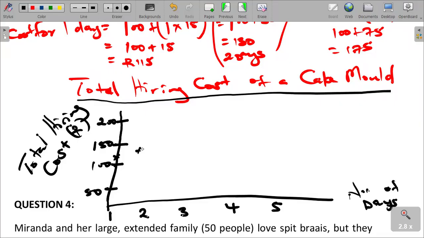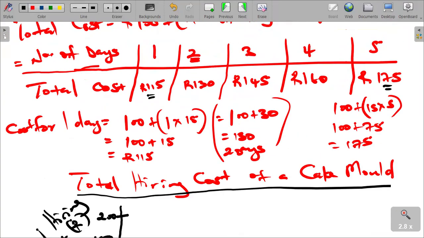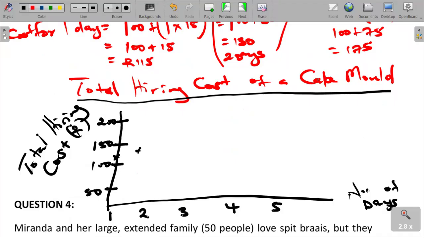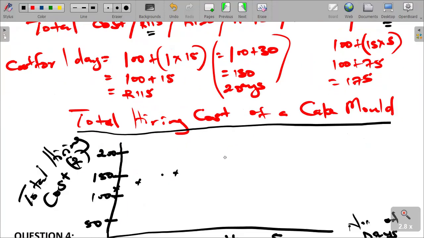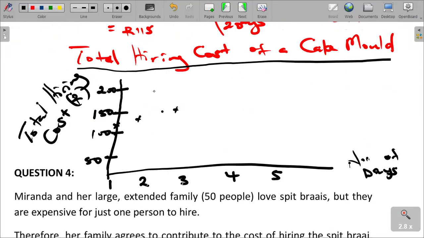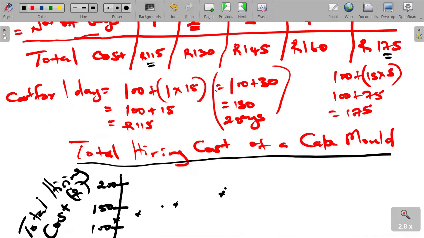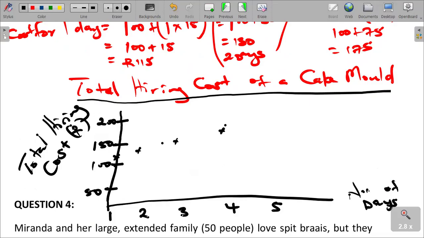Day three, it was hired for 145, which is somewhere here. Day four, it was 160. Day five, 175, which is somewhere there.